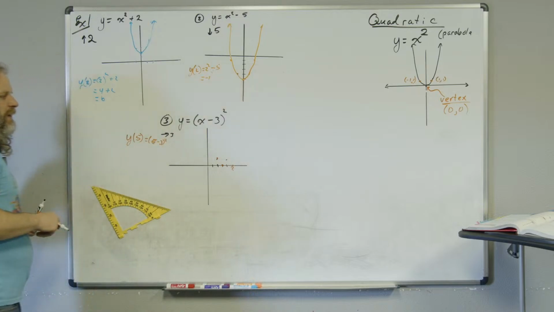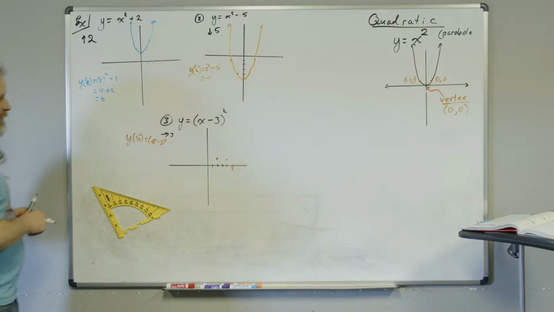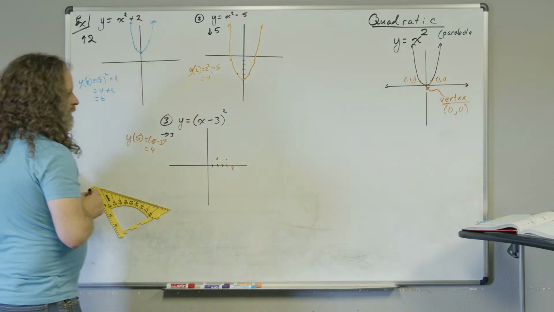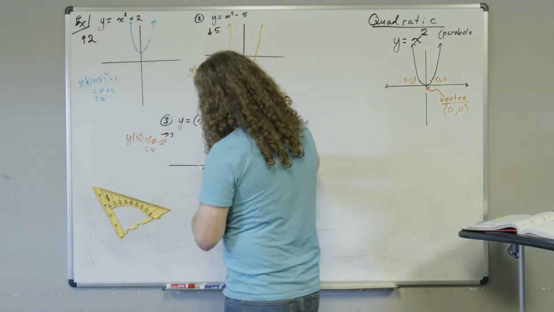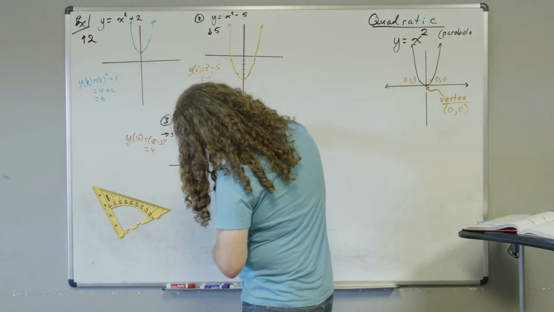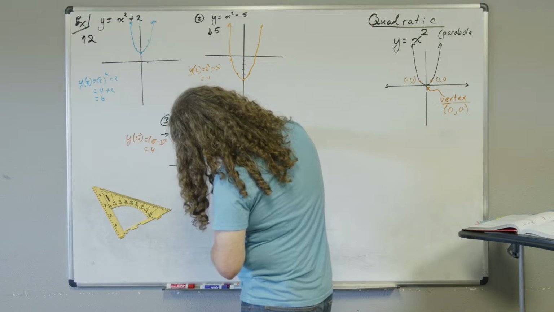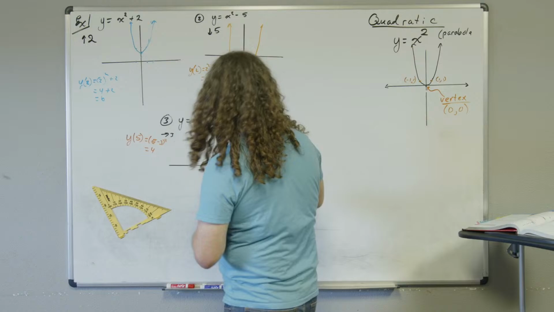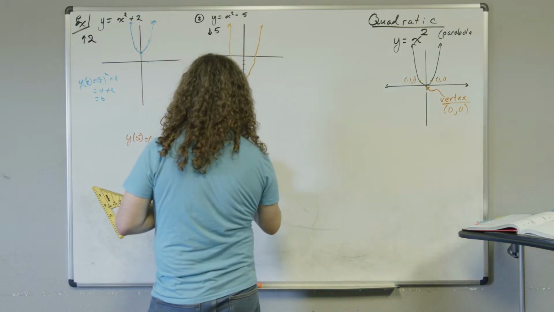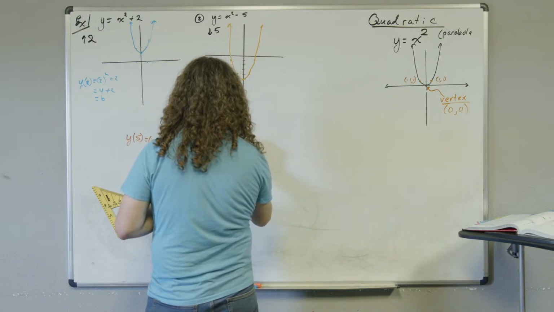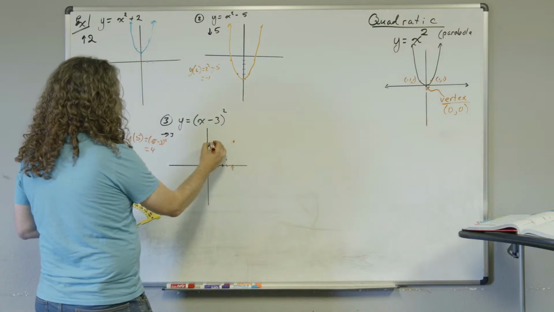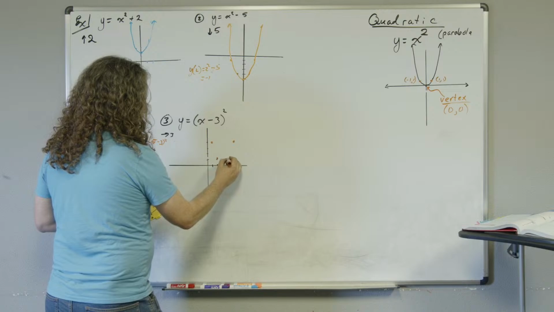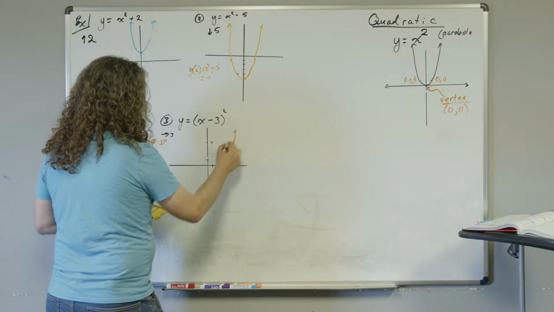So 5 minus 3 is what? 2. What's 2 squared? 4. So 5 and then 1, 2, 3, 4. Up here and there. And then there's one that's mirrored on the other side, right? So we connect the dots, make it look like a parabola.